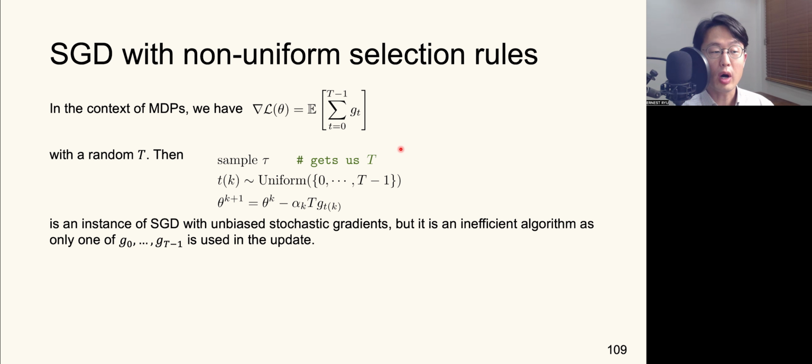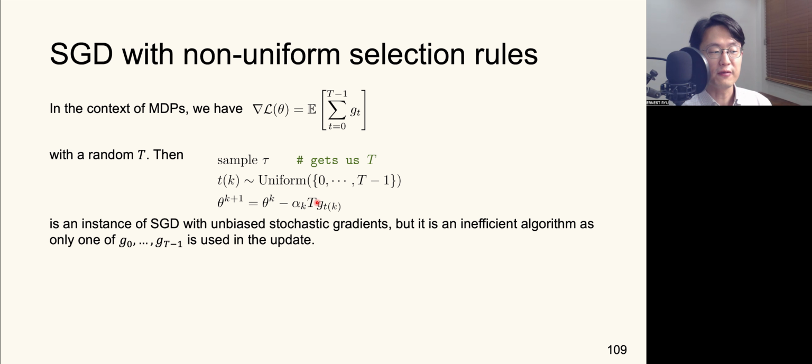If we wanted to implement an instance of true SGD, where we use unbiased stochastic gradients, we could sample an entire trajectory so that we have the entire summation. Then we could sample a uniform time between 0 and the terminal time, and use the gradient that comes out of that. That would give us an unbiased stochastic gradient, so this would be an instance of SGD.